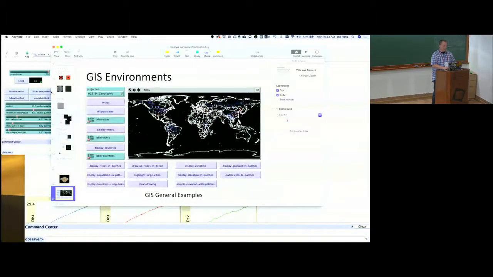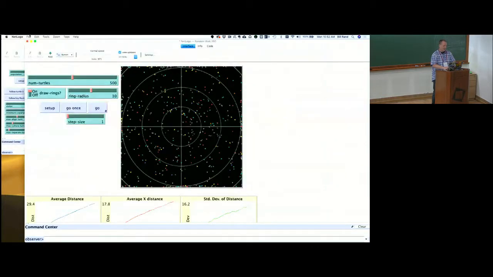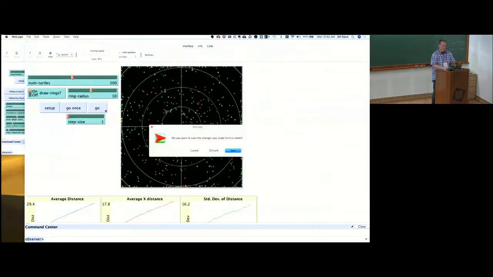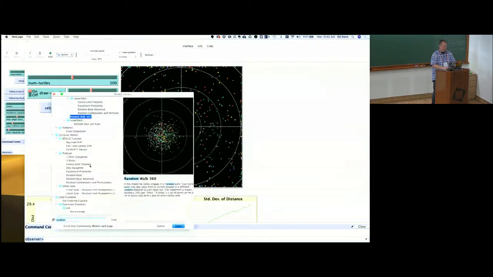So besides the 2D models and the other version of 3D models, we also have GIS environments. I always use these to bring in real GIS data.